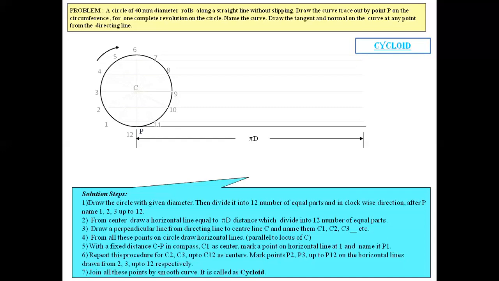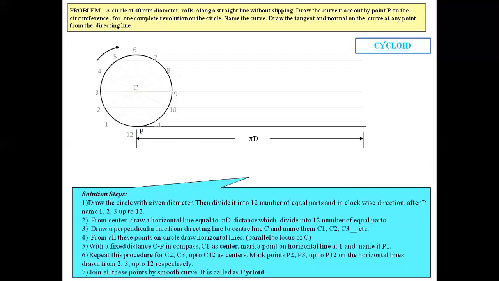If we divide the rolling circle into 8 equal parts, then the straight line, the pi d line, is divided into 8 equal parts. Here we divided the rolling circle into 12 equal parts, that's why the straight line is also divided into 12 equal parts.